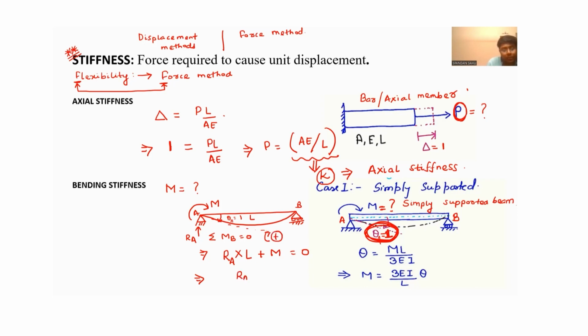So from here you will get RA L equal to minus M, so RA will be minus M by L. So we got RA equal to minus M by L, so RA is M by L downward. When you do summation of Fx equal to Fy equal to 0, you will get M by L upward here, with a moment at this point A.